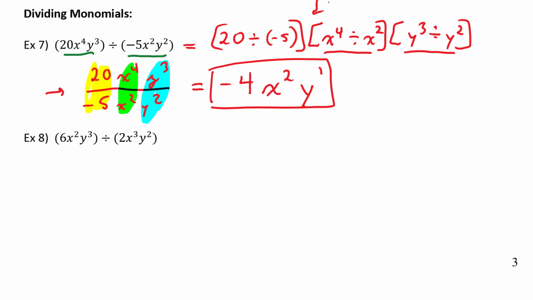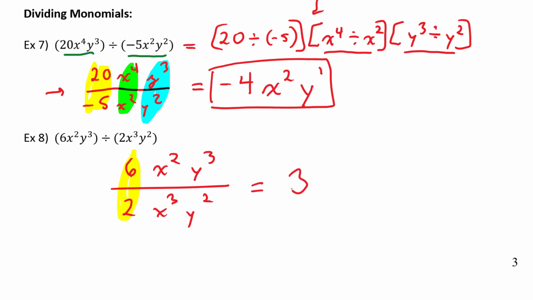Let's take it up. So here we have 6x squared y cubed divided by 2x cubed y squared. Let's combine my coefficients. This gives me 6 divided by 2 is 3. Let's combine my x values here. I have x squared divided by x cubed, so 2 minus 3 is x to the minus 1.